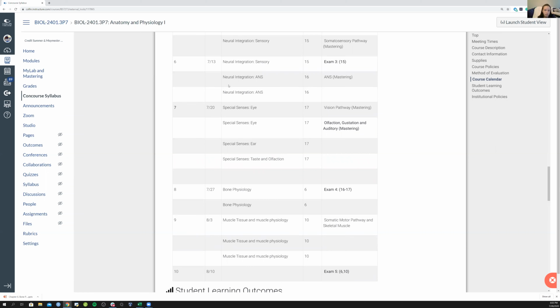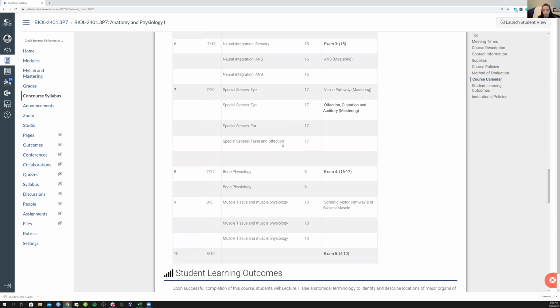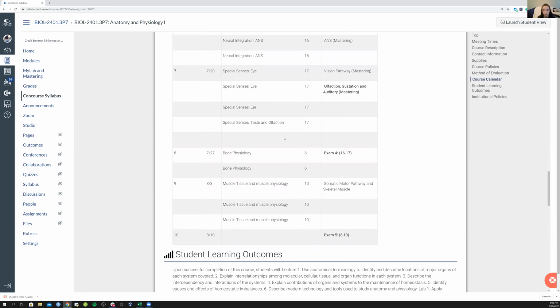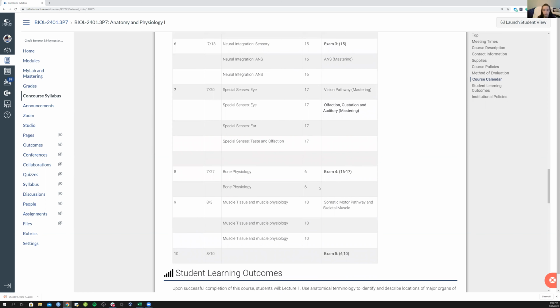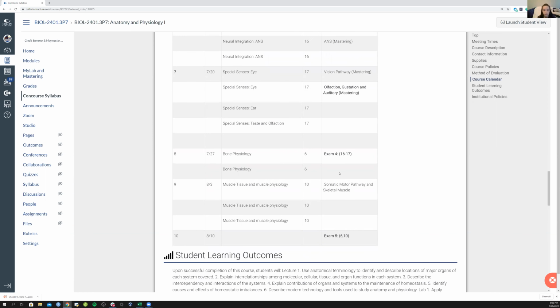It will cover the neural integration of the autonomic nervous system, as well as the special senses, the eye, ear, and the gustatory and olfactory system. So that's chapter 16 and 17 due by Sunday.